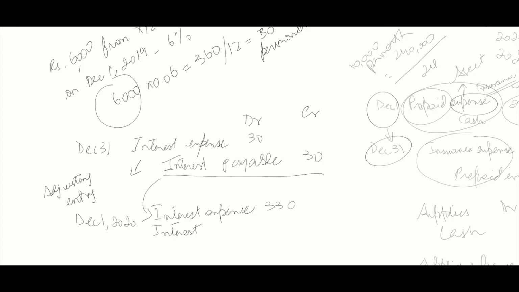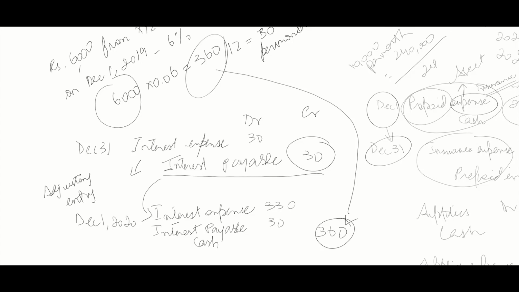This is the liability that we are going to pay off in 2020, and the amount was rupees 30. And how much are we going to pay? We are going to pay rupees 360, in cash. We know cash is an asset. Whenever an asset decreases, the asset is credited. The amount is 360. You can tally the amount: 330 plus 30 makes 360.